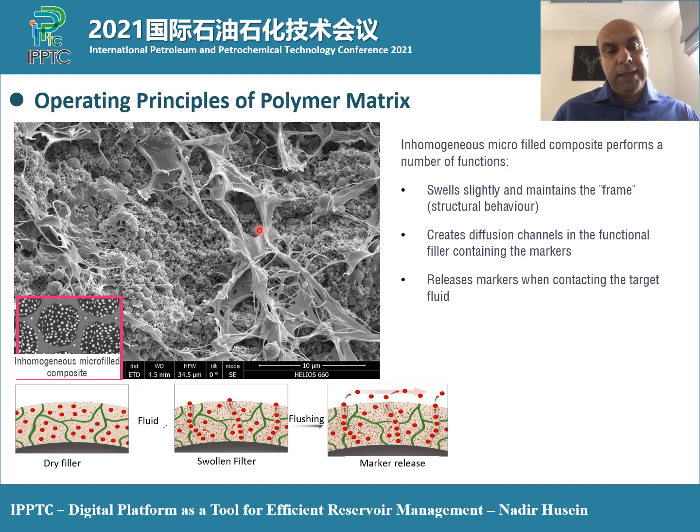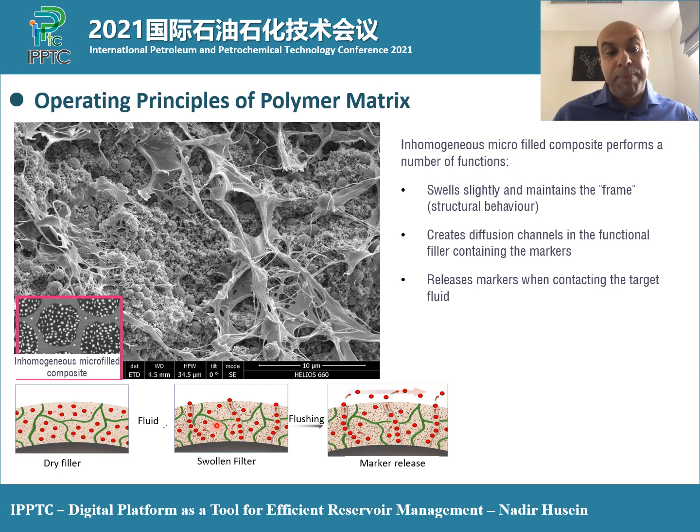It has the insoluble polymer net, so this green network, or if you see on electronic microscope image, this is this network, and the primary function of this network is to preserve mechanical properties of the material throughout the life of the well or the material that's placed downhole.